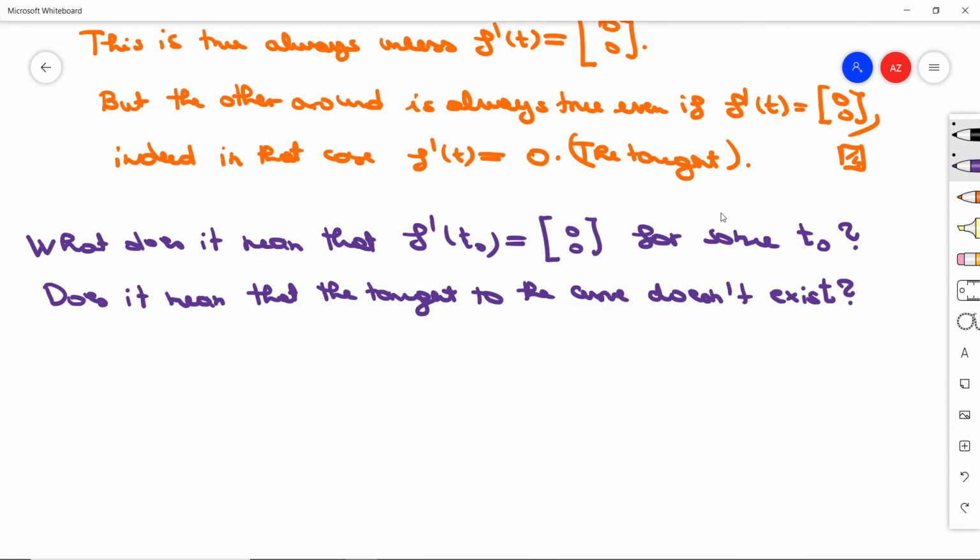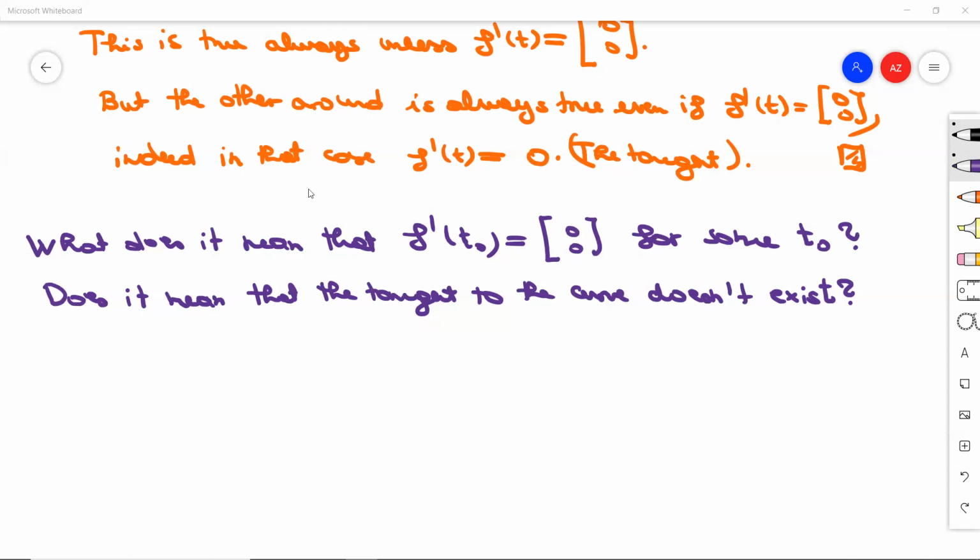But we said that f derivative represents the velocity vector. So since the velocity vector is 0 at this point, that means that we don't move in any direction. For this instant of time, we don't move in any direction.